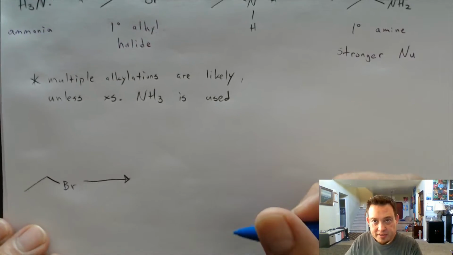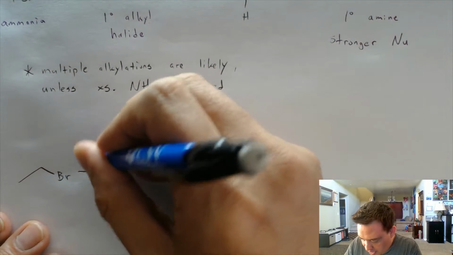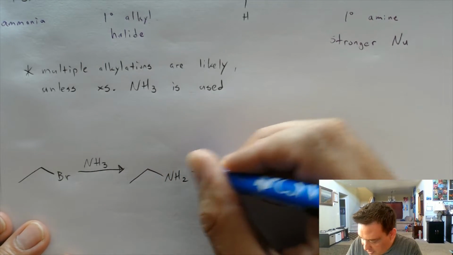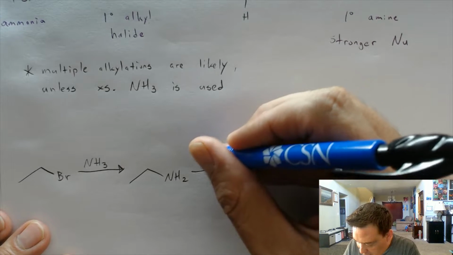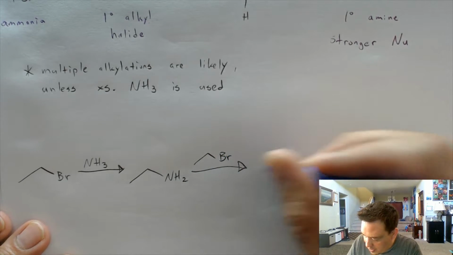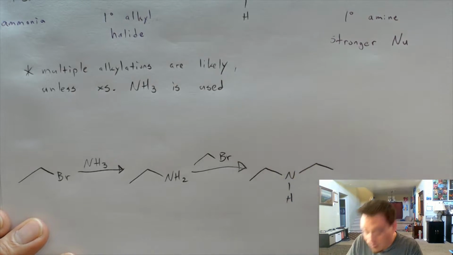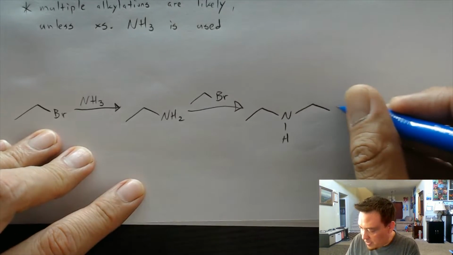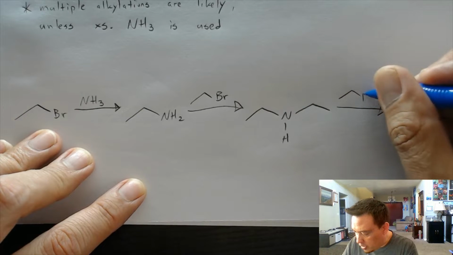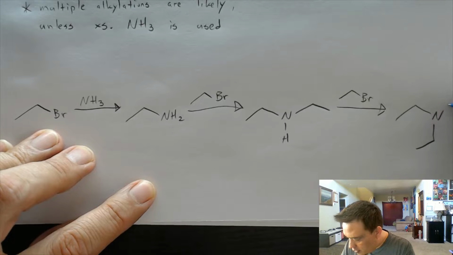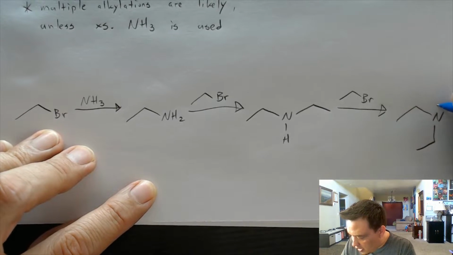we have that and ammonia makes that. This could then react with another equivalent of this one, giving us that. This could react with another equivalent of this one, giving us that.